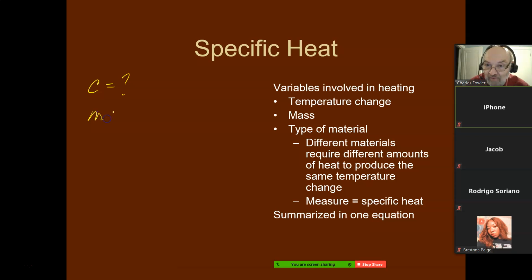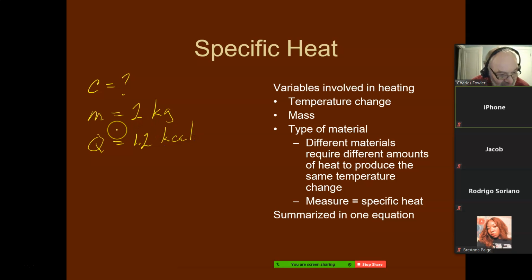So 2 kilogram is a measure of mass. 2 kilogram metal sample, if 1.2 kilocalories, that's a unit of heat. So your Q is 1.2 kilocalories.